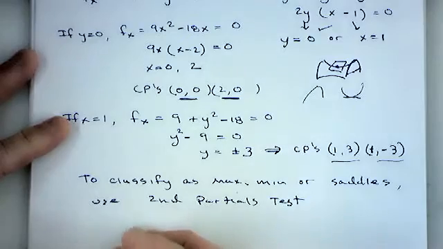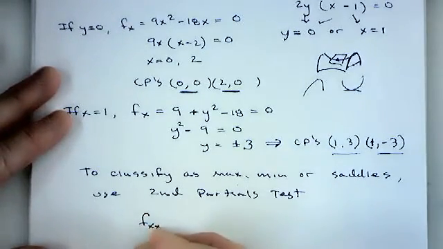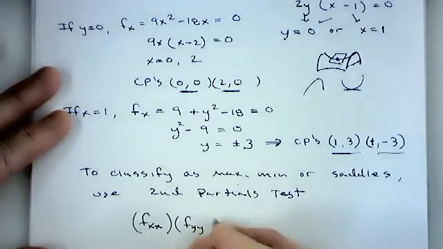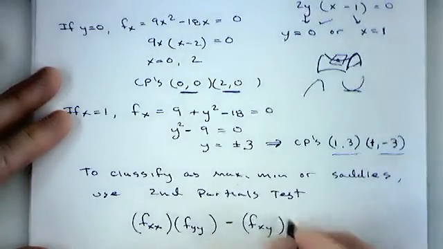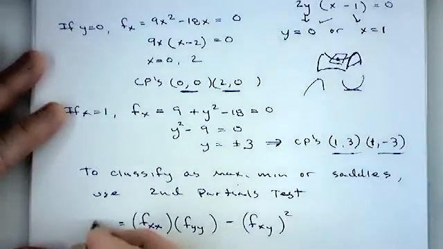In the second partials test, you're going to take f sub xx times f sub yy and subtract f sub xy, your mixed partial, squared. When you do that at these points, you're going to get a number, and we're going to call that number D.